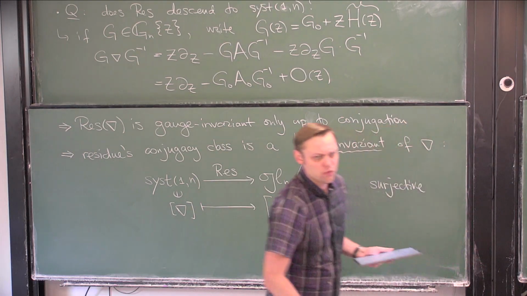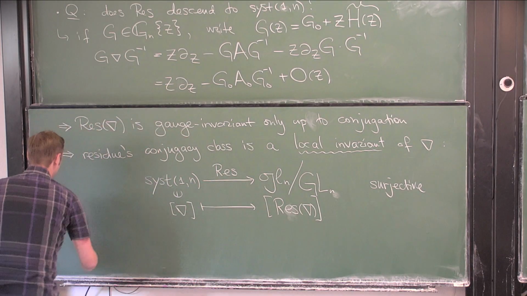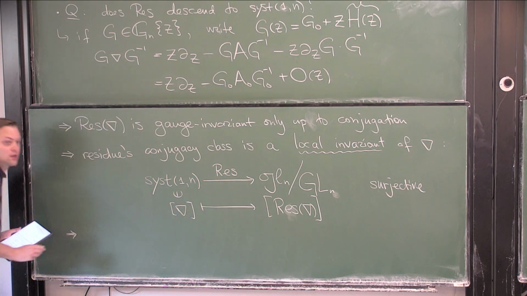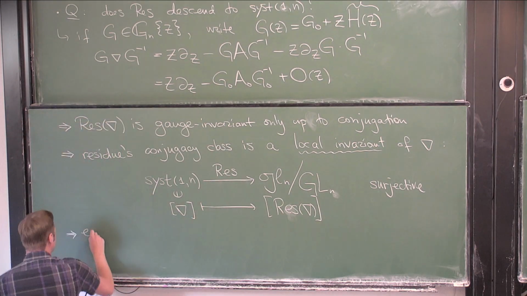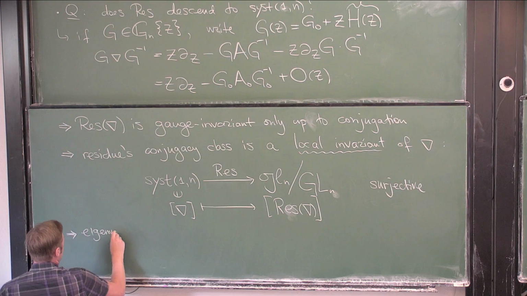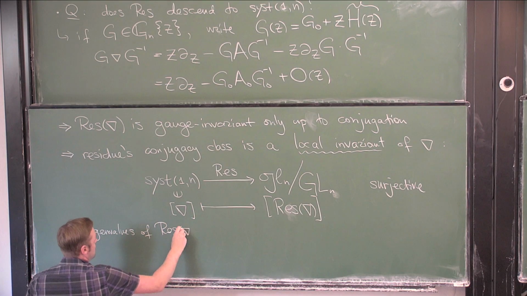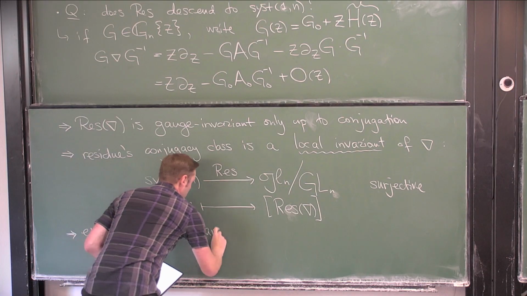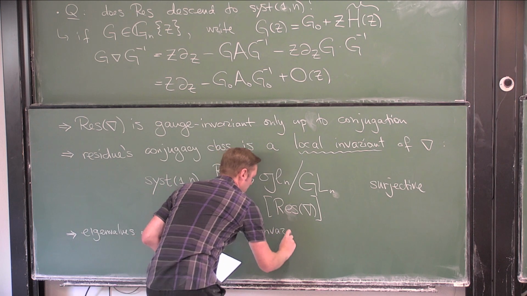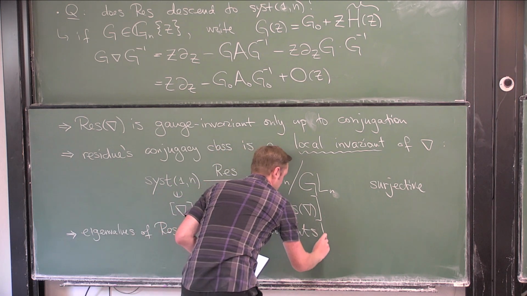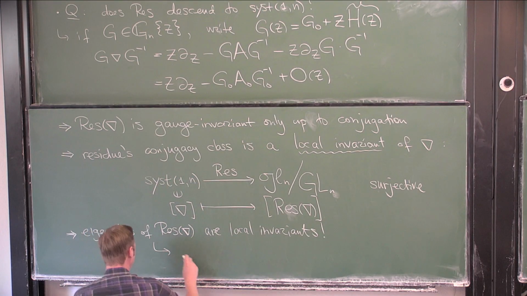Okay, so the residue matrix itself is not an invariant. Its conjugacy class is invariant. And so in particular, the eigenvalues of the residue matrix are local invariants. For this reason, they also have a name. They're called local exponents.